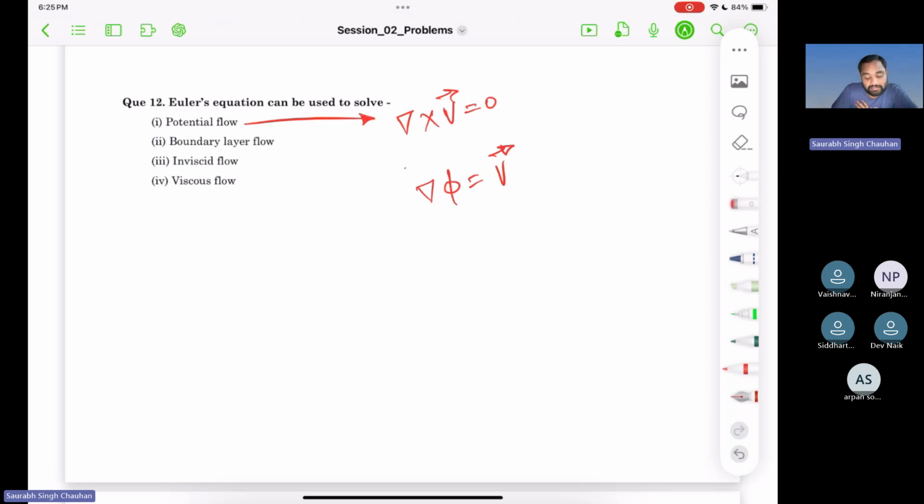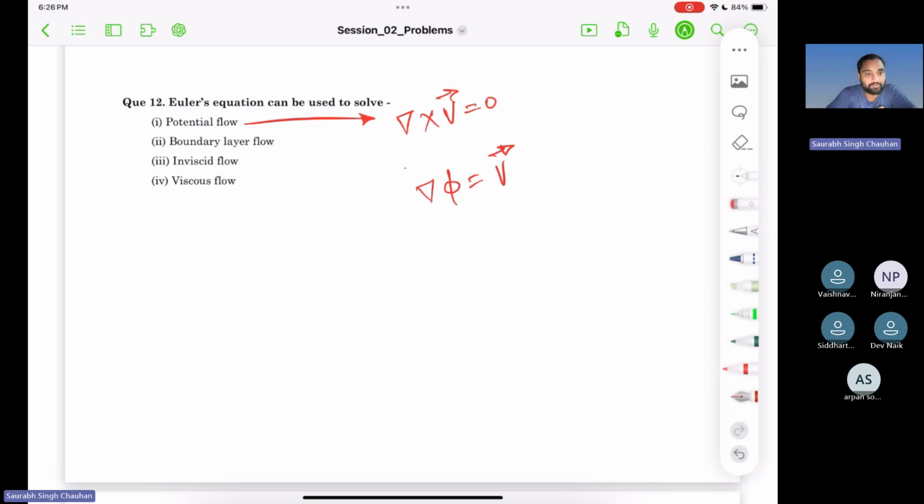This potential can be written for any irrotational field. For example, in your electrodynamics, you have studied the electric potential. What is the gradient of the electric potential? That is the electric field, right? And you know the electric field is an irrotational field.